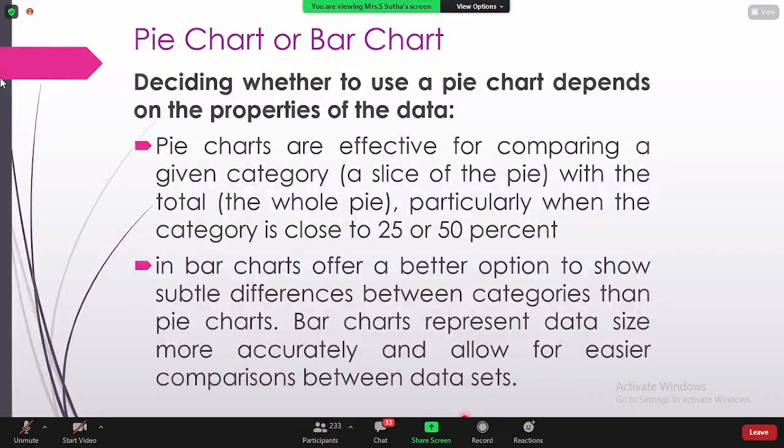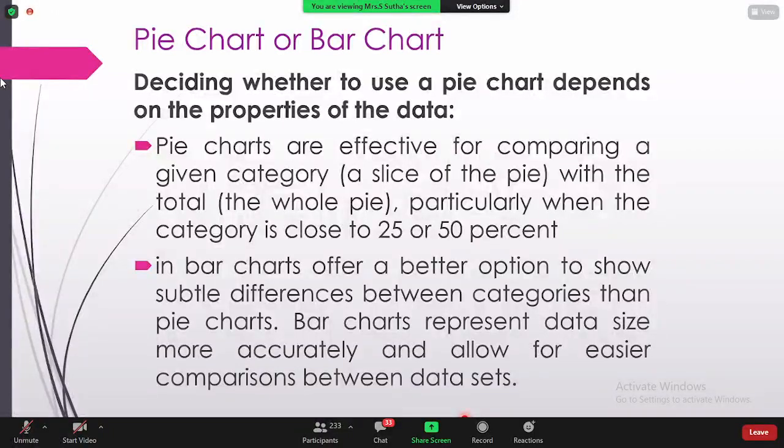When you have two options to represent the qualitative or categorical variable, for the graphical form you have two options, pie chart and bar chart. So now you have to decide whether to use a pie chart or bar chart. How can we decide it?